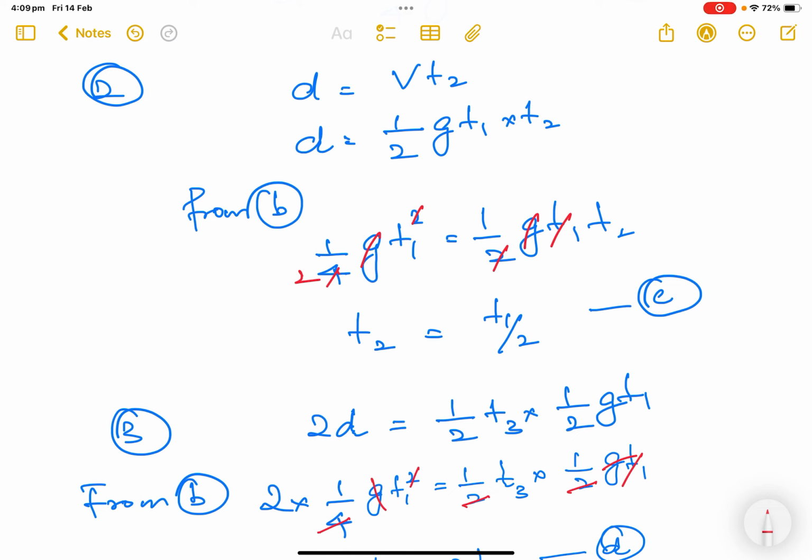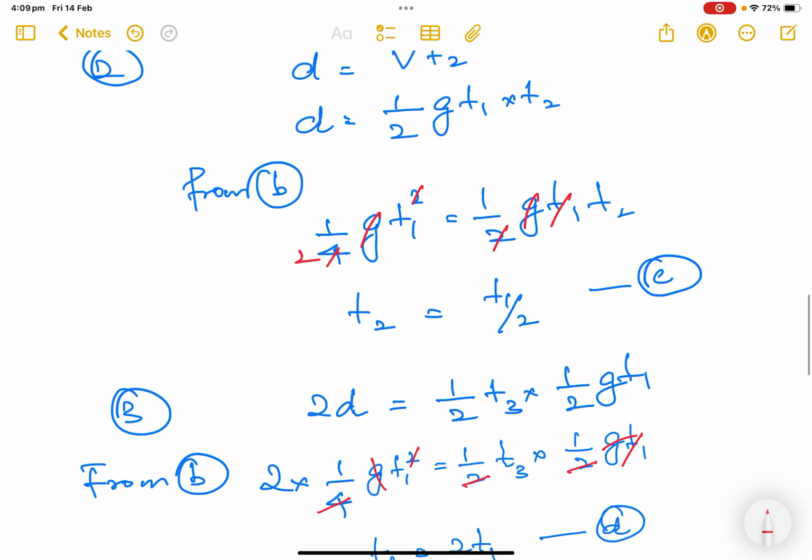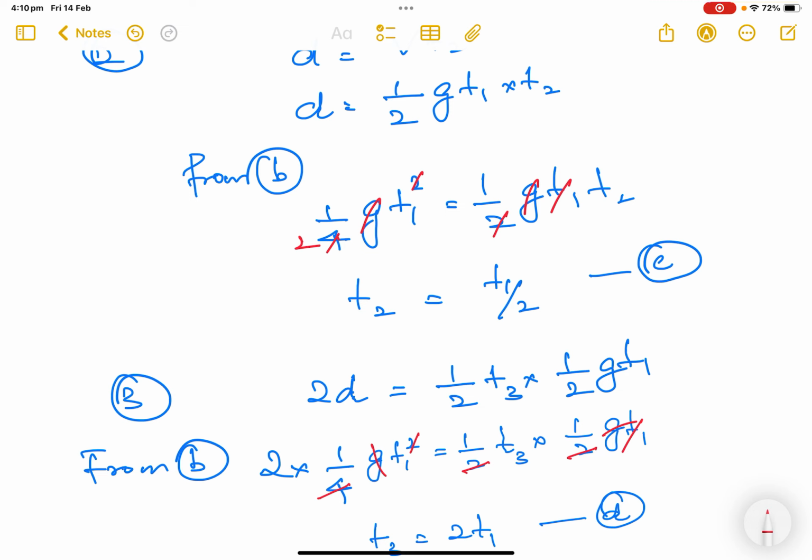So t1 and the 2 cancel out, g cancels out, 2 and 4 have 2 in common. Cross multiplying, I just put right to left. So the right hand side is just t2, the left hand side is t1 over 2. So now t2 in terms of t1: t2 is half of t1.